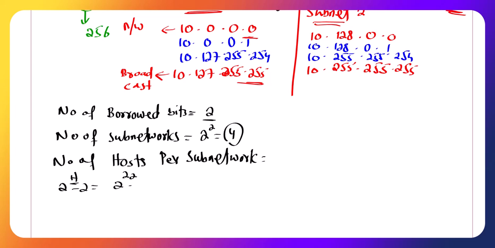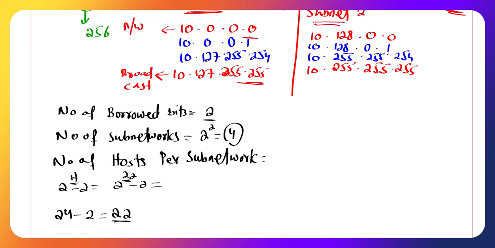2 power 22 minus 2. Where does 22 come from? We know that the default number of host bits was 24. We borrow 2 bits, so the remaining is 22.